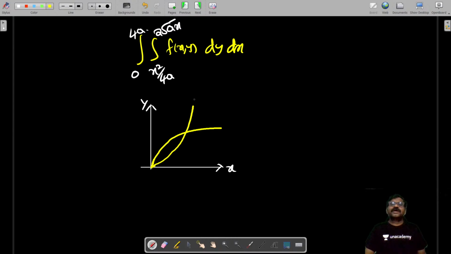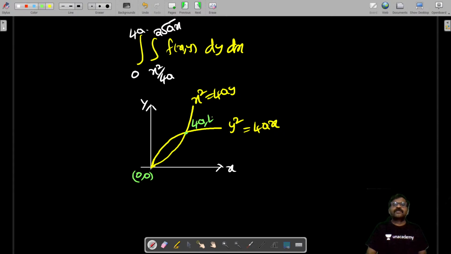Now, x square equal to 4ay, y square equal to 4ax. They intersect at 0, 0 and 4a, 4a.